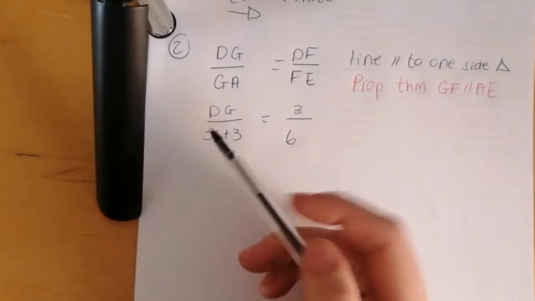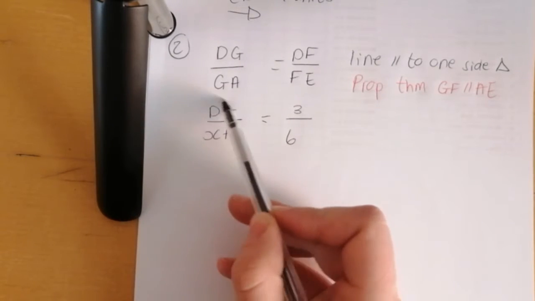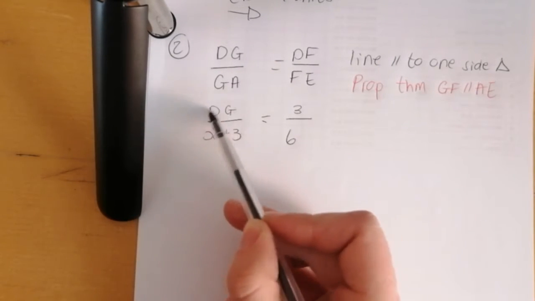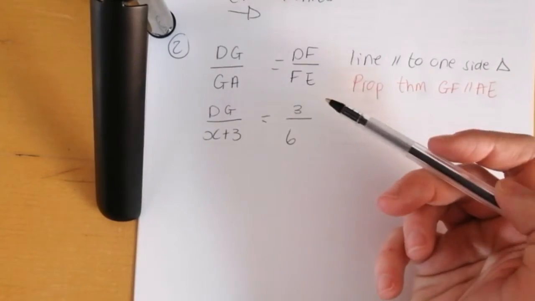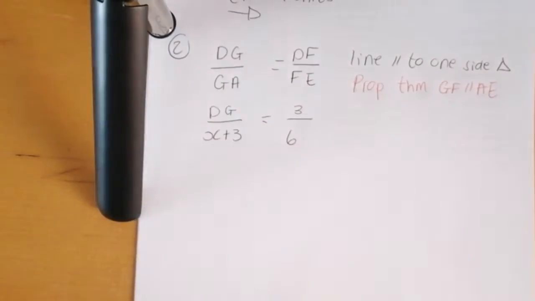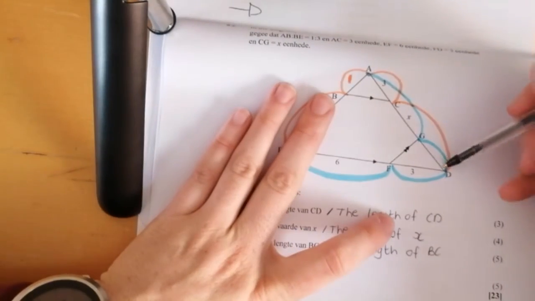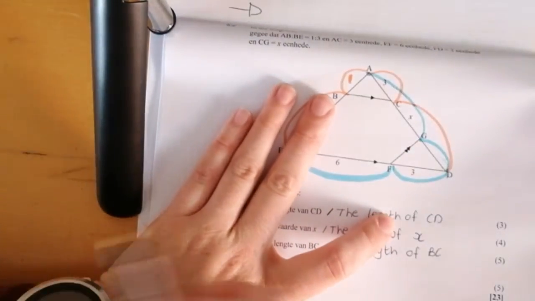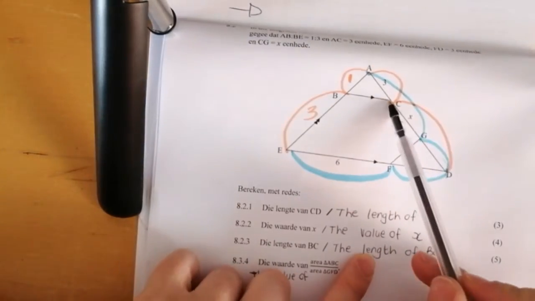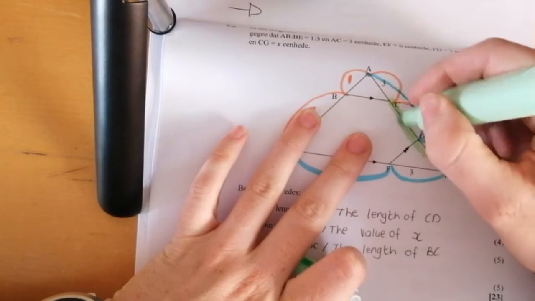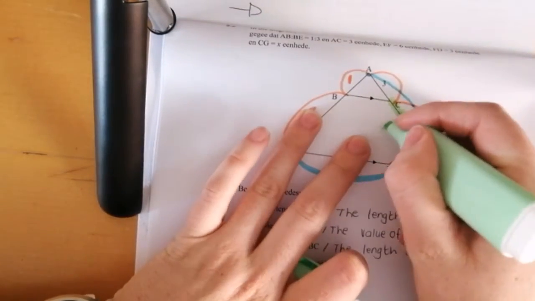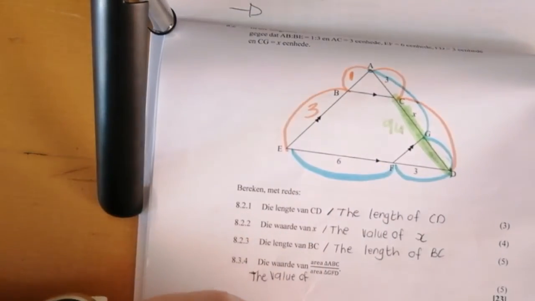Okay, but I want you guys to have a look at this DG right here, because at the moment we have two variables, DG because we don't know what the value of DG is, and X. If I look at the line DG here, in the previous question we calculated the length of the entire CD. Now the entire CD here was 9 units.